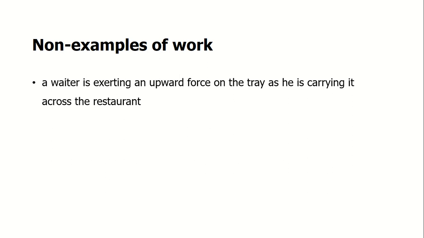But as he is moving across the restaurant, the tray, of course, moves with him, right? But it is not the upward force that is responsible for that particular displacement, for that particular movement. Okay? The upward force is done in order to lift the tray and to keep it level.